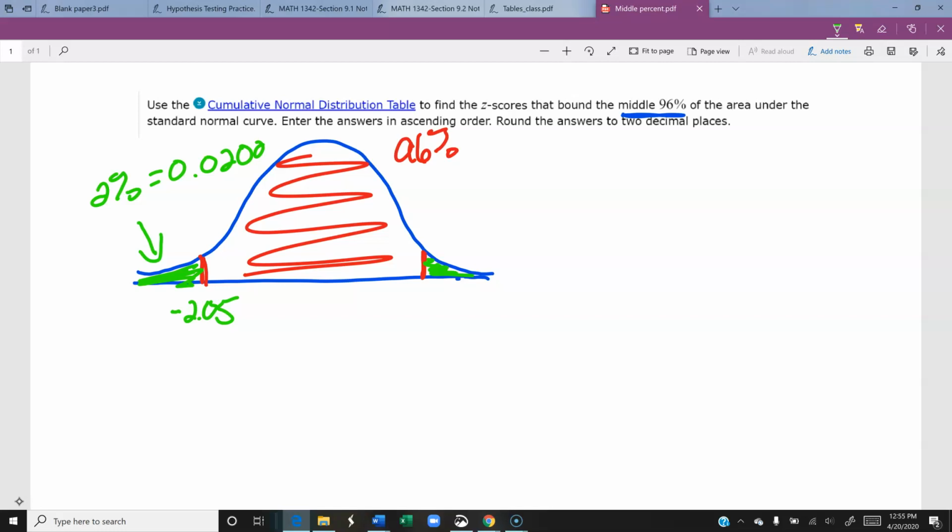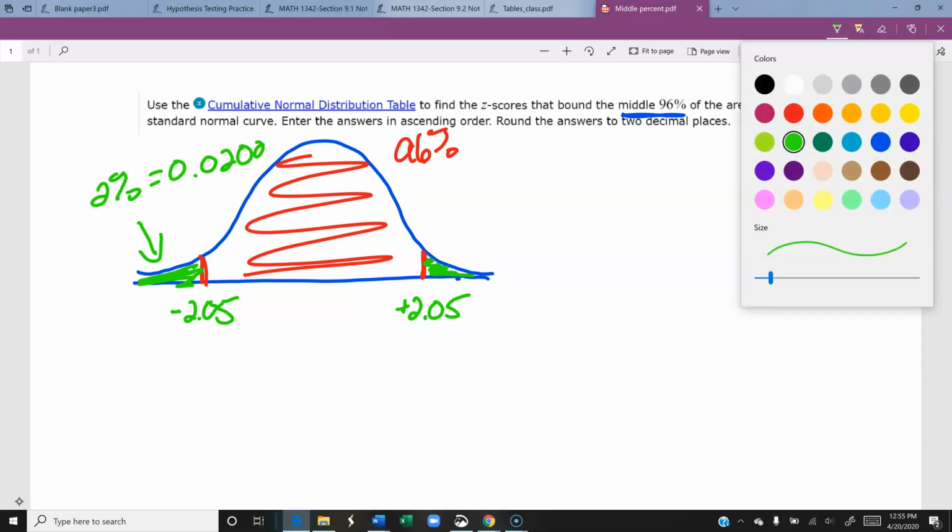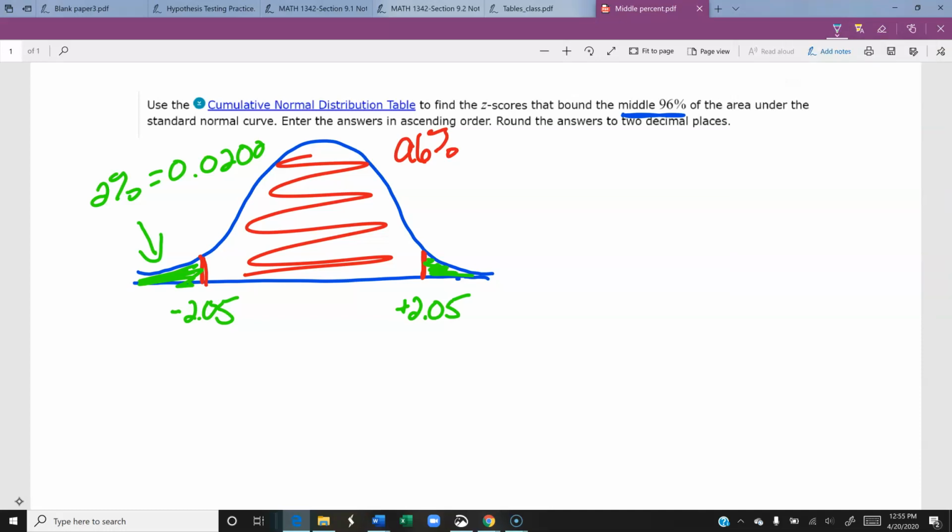Remember that our graph is symmetrical. So if I fold it up over itself, this one should be a positive 2.05. But if you're not comfortable with that, let's think about it another way, so that we can look at how we could actually get that positive 2.05.